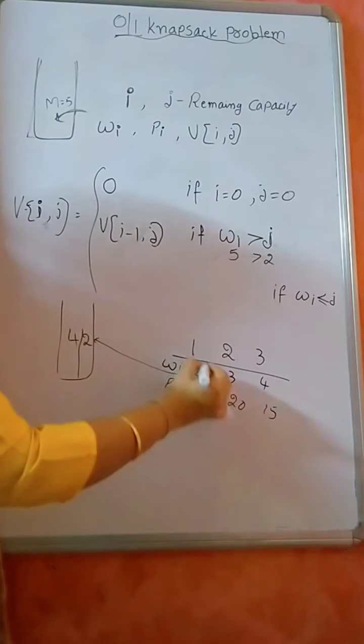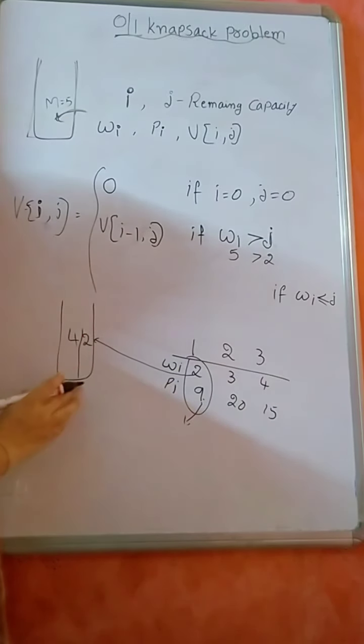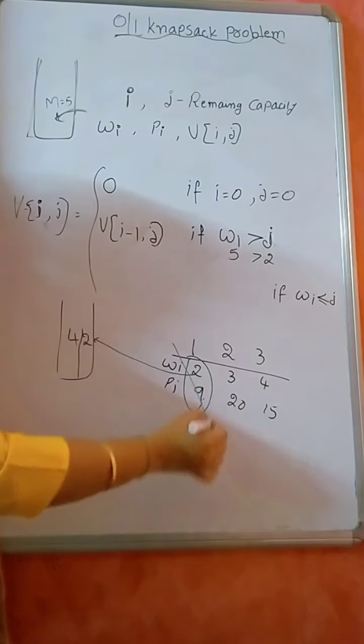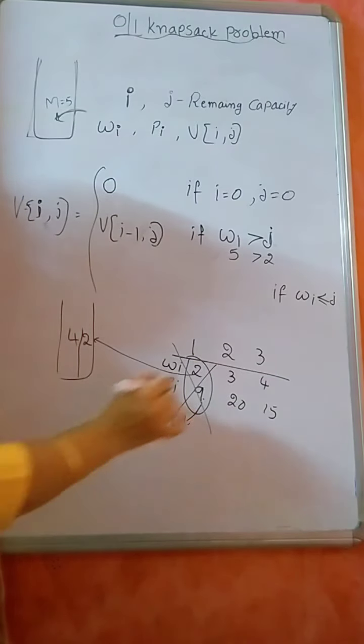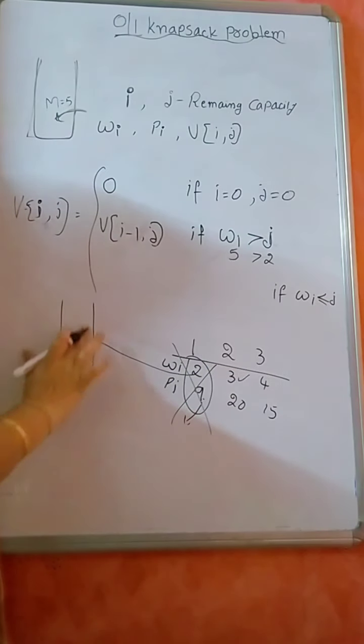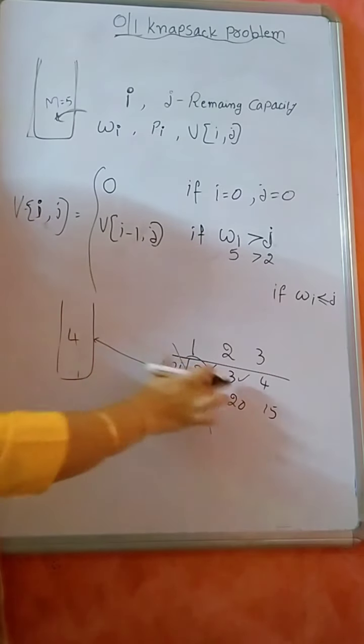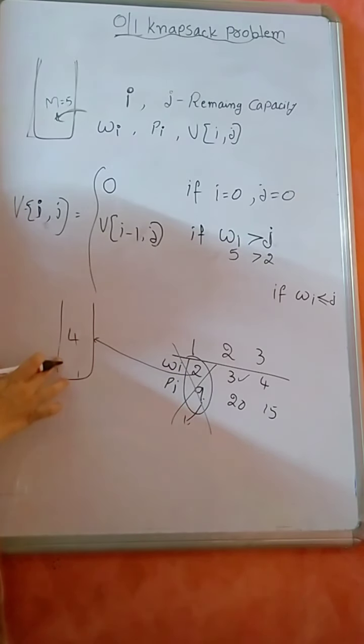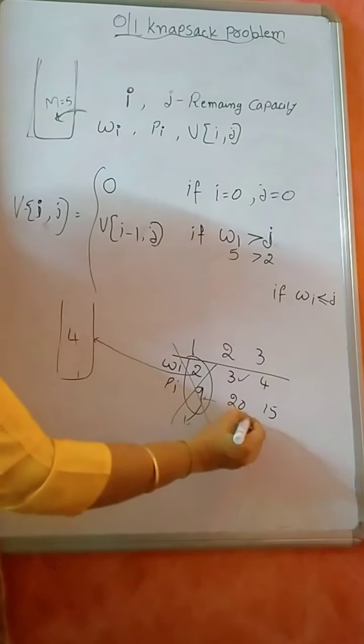Now, instead of selecting this object where I am getting a profit of only 9, the best option is that I can reject this object and select the next object. This also I can insert. What is the capacity of my knapsack? 4. This also I can insert. But if I am inserting this object, what is the profit I am going to get? 9. If I insert this object, what is the profit I am going to get? 20.